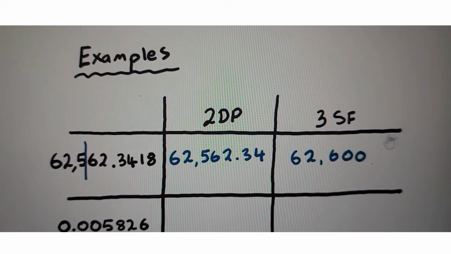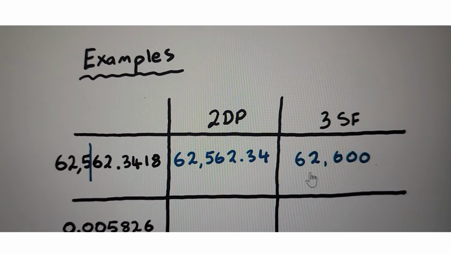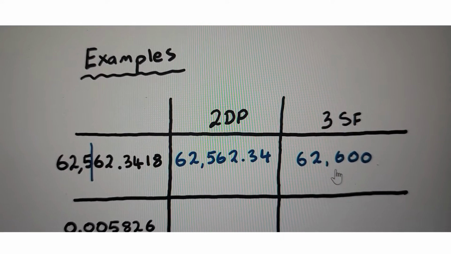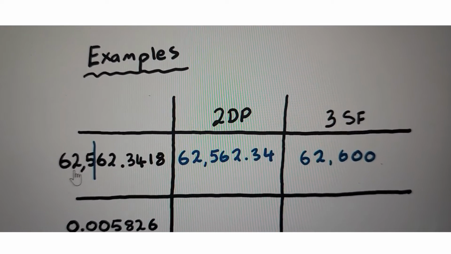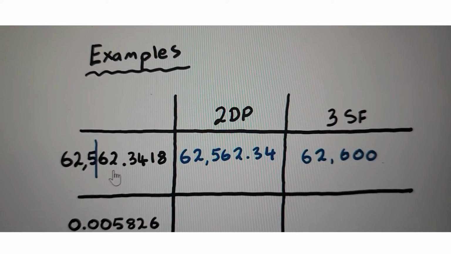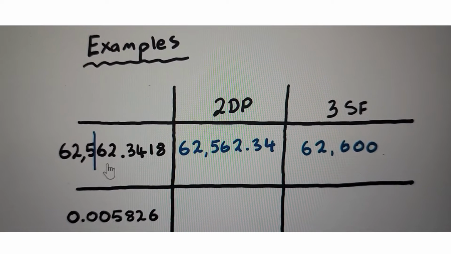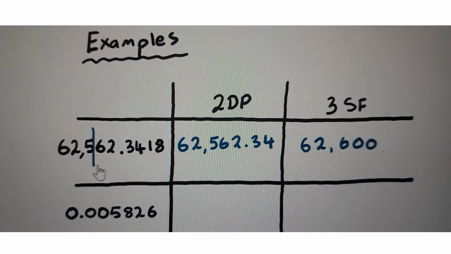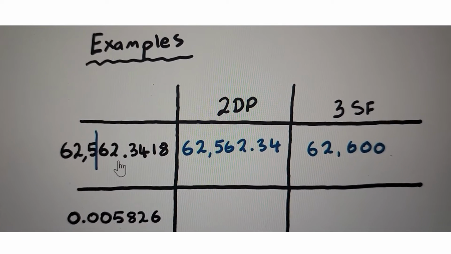Now you may be wondering, well, where did these 2 zeros come from? I need to put the zeros there, otherwise my number would be 626. Now that clearly isn't a very good rounded number from the original 62,562. So rounding this number essentially gives an approximation. It's like how many spectators are at a big sporting event, 62,562.